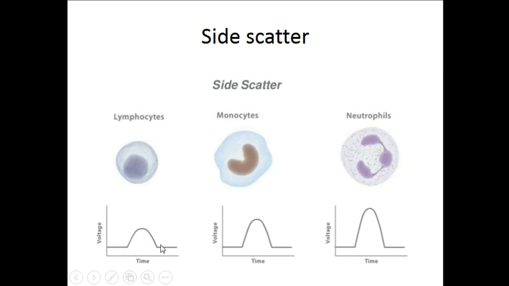Whereas when you move to a monocyte, the cell is slightly more complex internally, which is why you get a bigger slope. And of course, neutrophils have a whole range of granules, and added to the fact that they have multi-lobed nuclei, the internal complexity of that cell is actually quite large, which is why you get the large voltage for the side scatter.